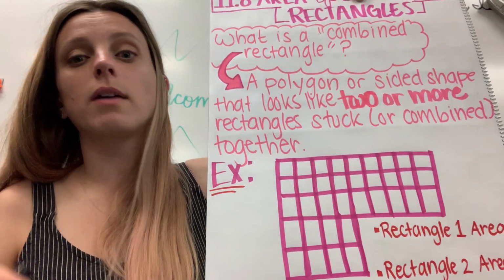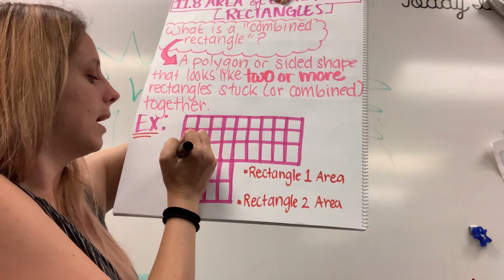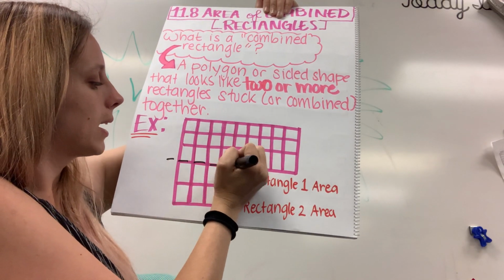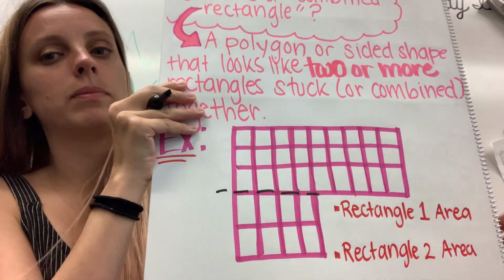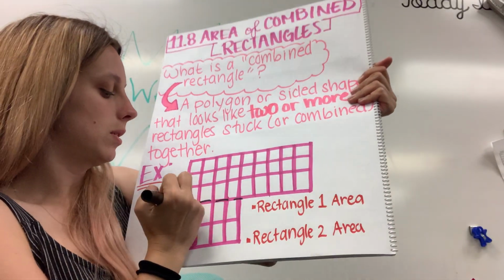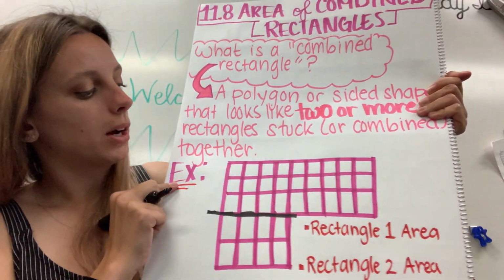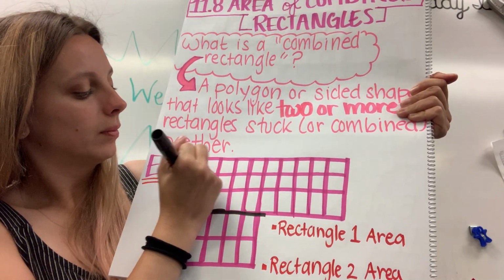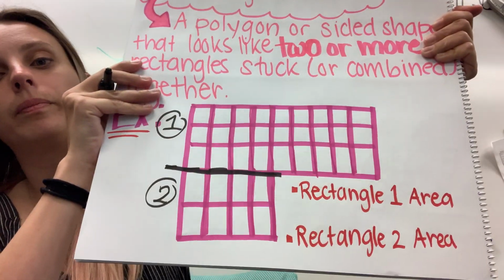You can do it in whichever way is easiest for you. So just to show, I'm going to go ahead and cut my rectangle right there. Remember, I could have cut it differently. But now I've made two rectangles. So now I've made a rectangle 1 up here and a rectangle 2 down here.